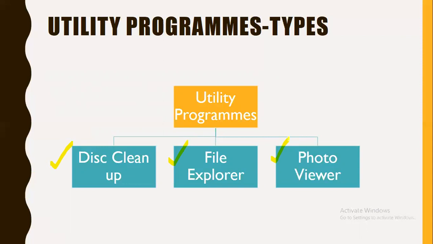There are so many other utility programs also available, and we have already discussed them in a previous lecture. In your book, these 3 utility programs are discussed in detail, so we will be discussing these 3 utility programs only.